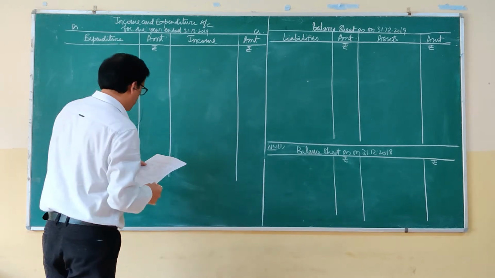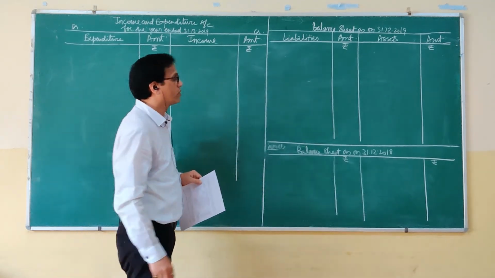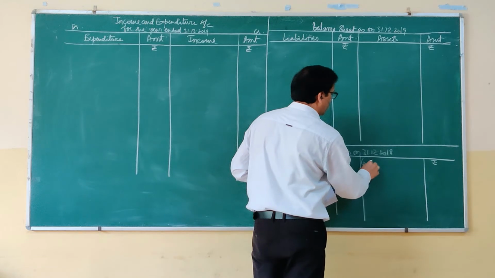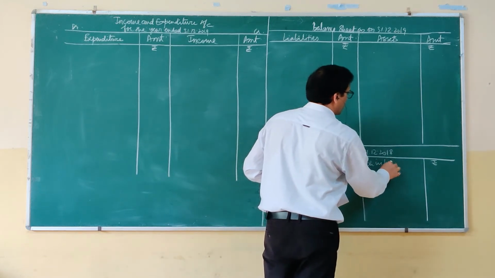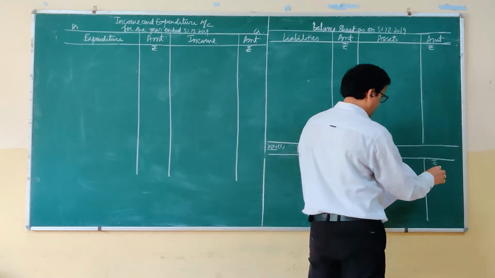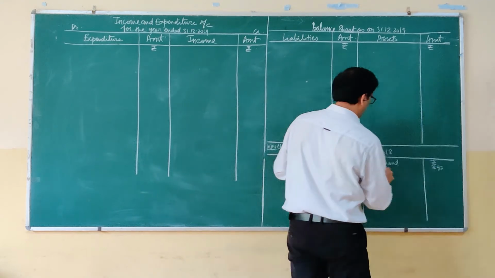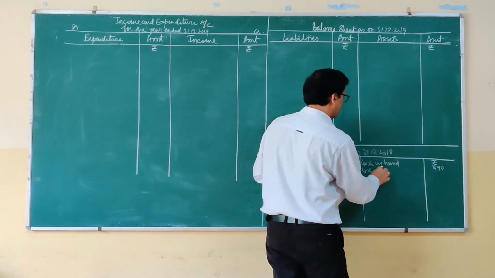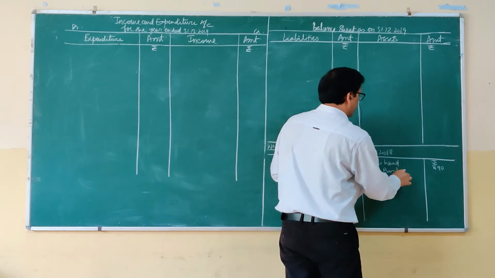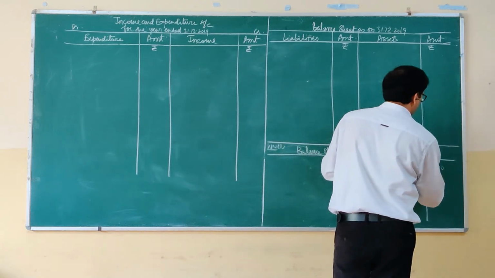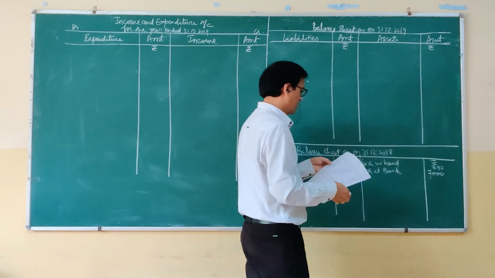So look here. First item given, to balance brought down. So we write it here, cash in hand. In the opening balance sheet we take the opening balance is cash in hand 890 and cash at bank 7,000.